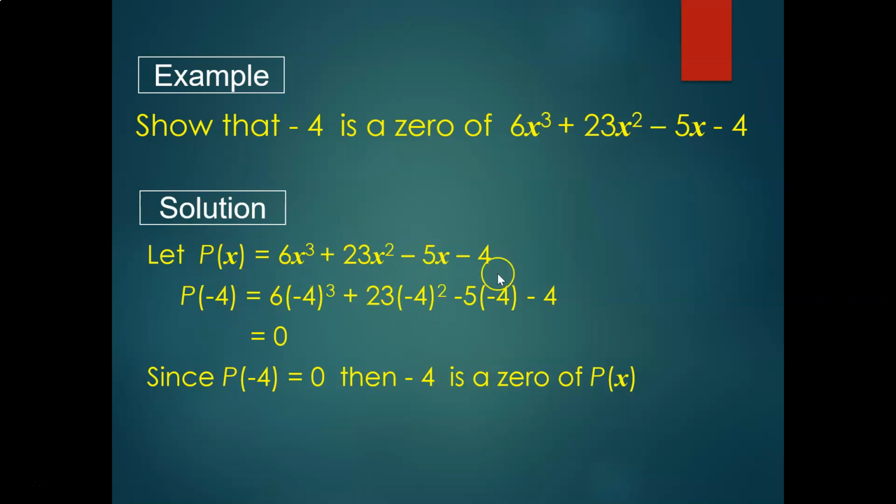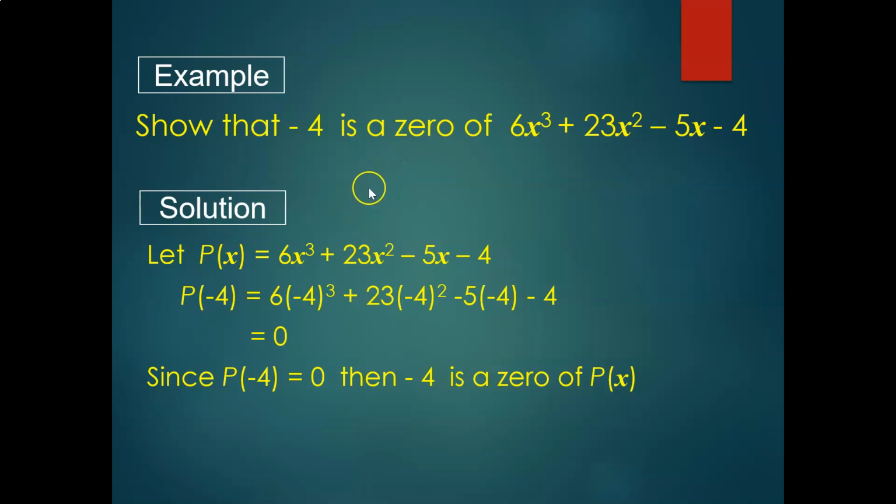You substitute into this whole thing, 6 times negative 4 cube plus 23 times negative 4 square plus so on. Then you key into your calculator, you will get the answer is 0. So we can say that since P(negative 4) equals 0, it is proven that negative 4 is a zero for this polynomial. As long as you substitute into the polynomial and you get 0, it means this number is a zero.